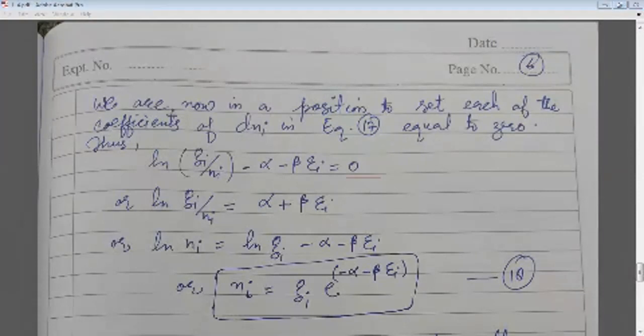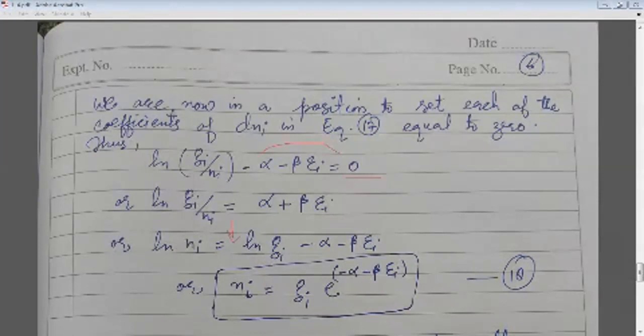Or you can simply write it as ln of gi, taking these two terms to this side, plus alpha plus beta ei. Or you can also write it as ln of ni, taking this term also, it will be ln of gi minus ln of ni.